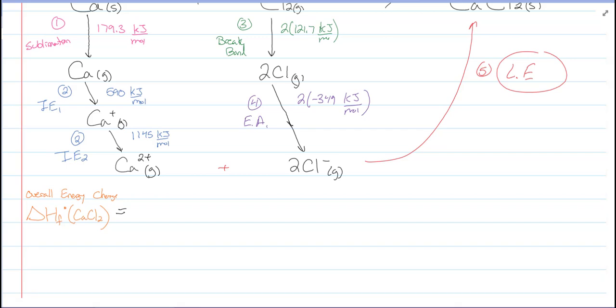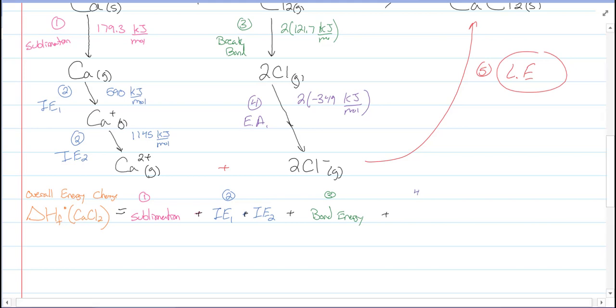Step 1 of sublimation, plus step 2, IE1 and IE2, plus step 3, which is the bond dissociation energy, the bond energy, plus step 4, the electron affinity, plus step 5, which is our lattice energy.